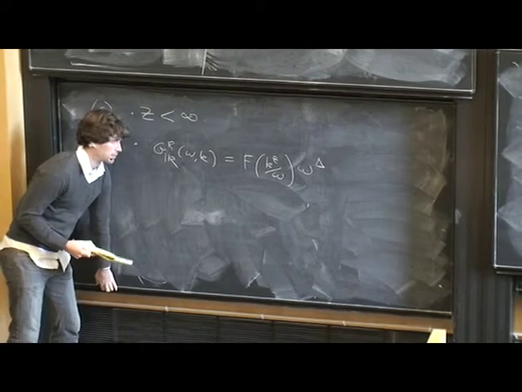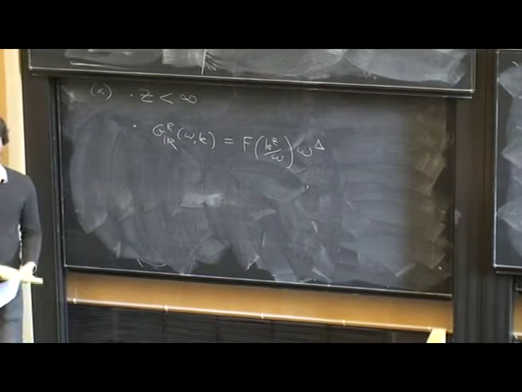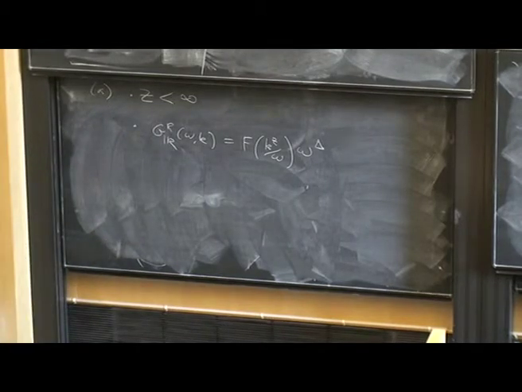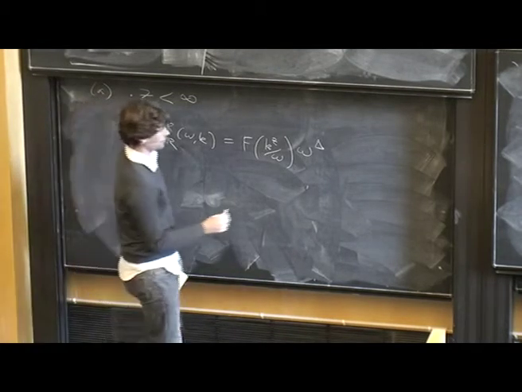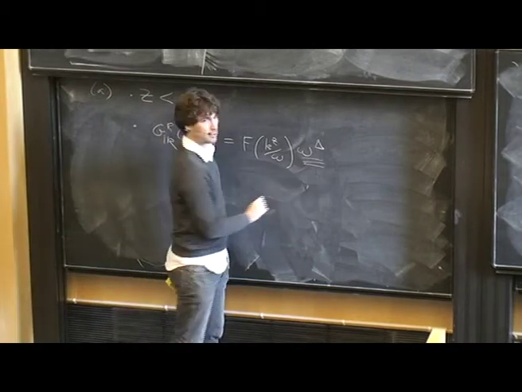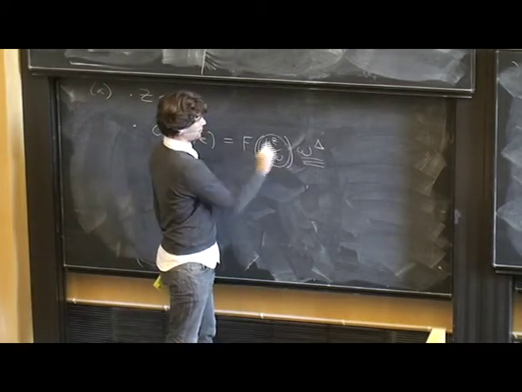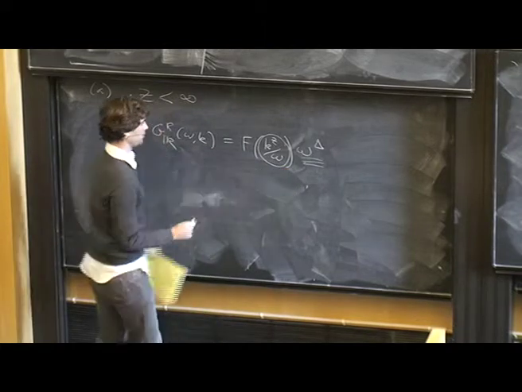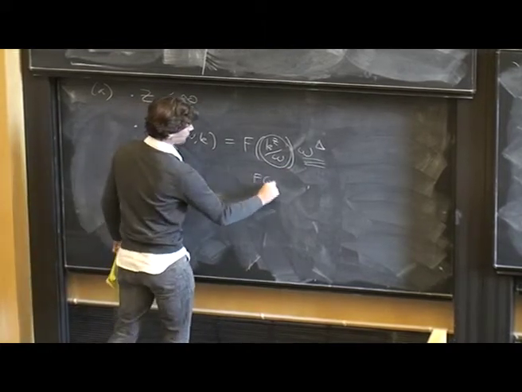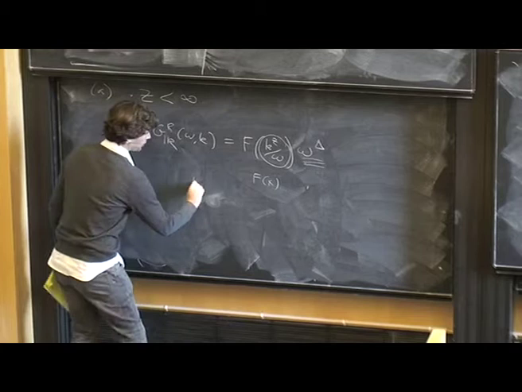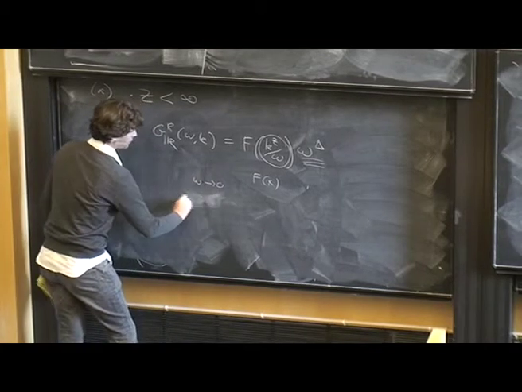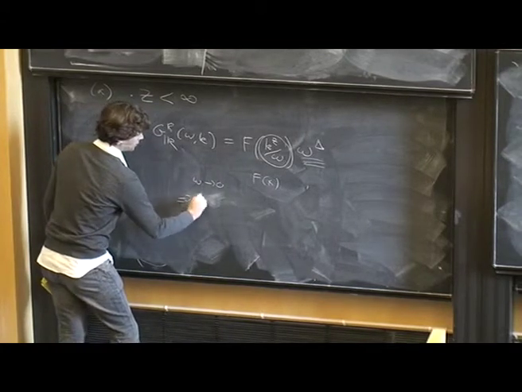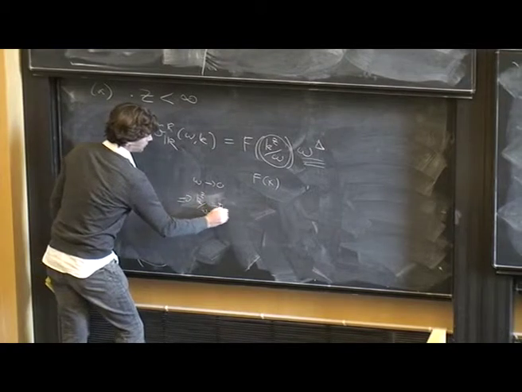Now we want to take omega to 0. When we take omega to 0, this is fine, that's just some power. But what we really want to know is what happens to this function of x. Of course, omega going to 0 implies that k over omega goes to infinity.